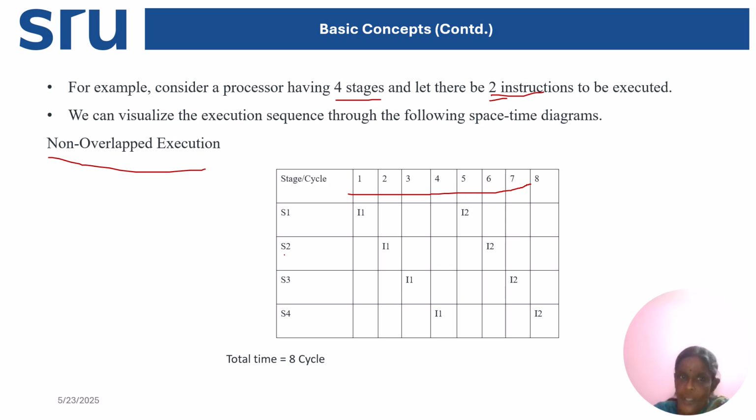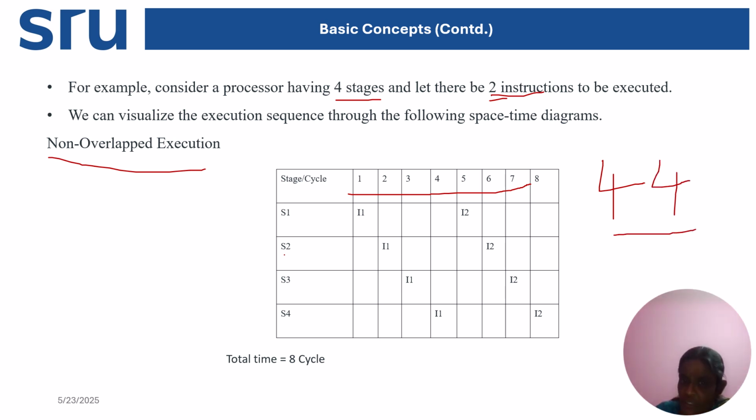So that is why one instruction means four stages, and every stage needs one clock. Therefore, 4 clocks. In the same way, for the second instruction, 4 stages, each performed in 1 clock, means again 4 clock cycles.